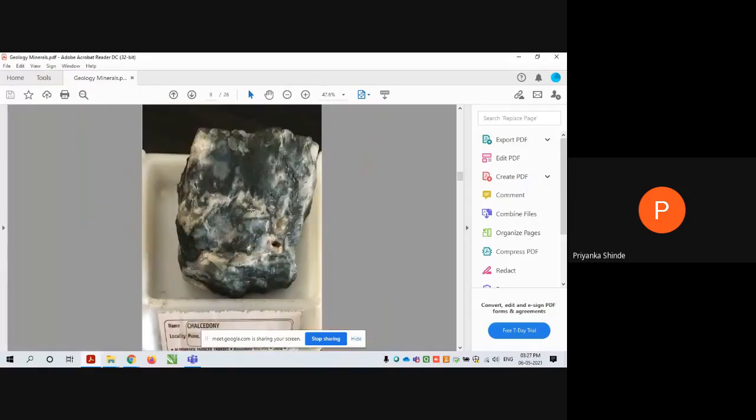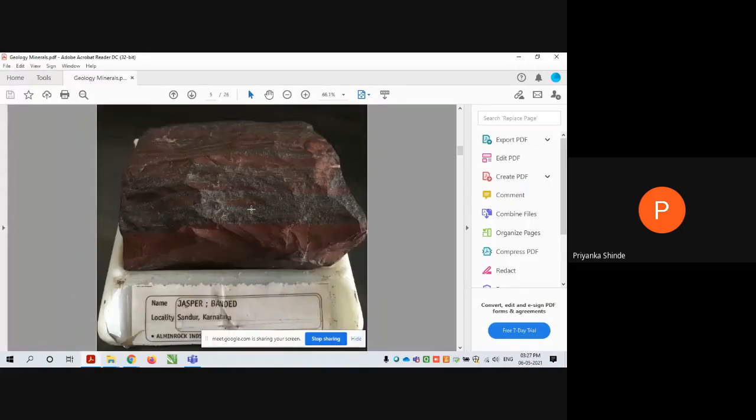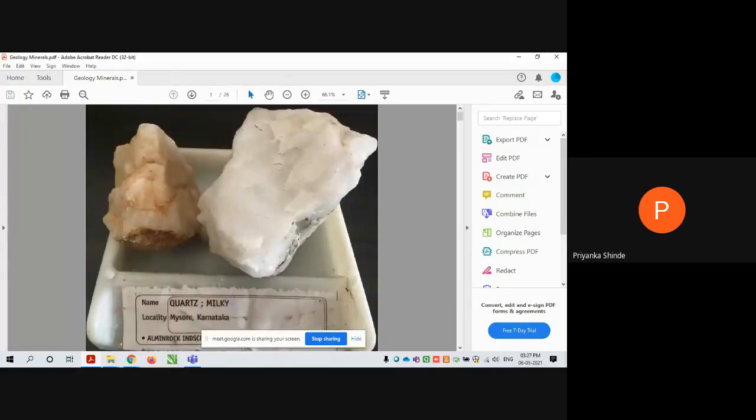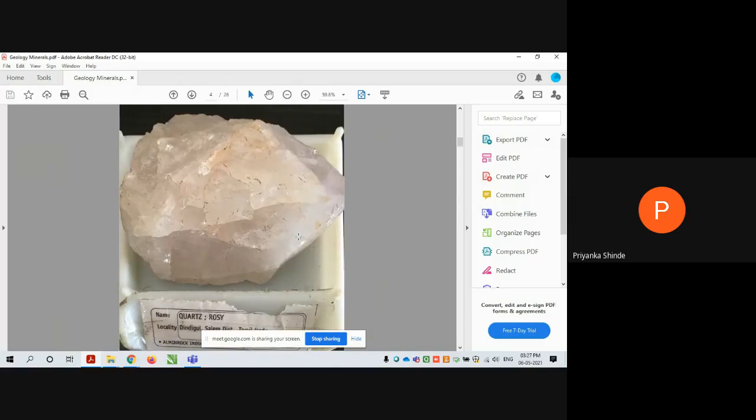I'm telling you all these are quartz. Why? Because their physical properties are the same except the color. Such minerals are called allochromatic minerals. So we'll see one by one. This is milky quartz, smoky quartz, then rose quartz.